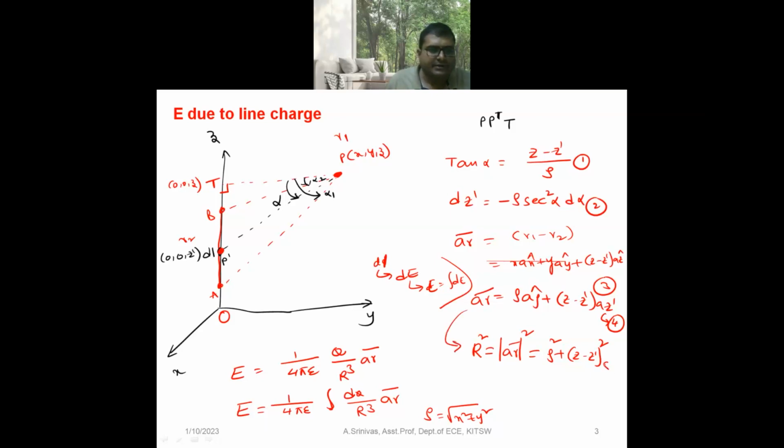Let it be equation number 5, and from 1 and 5 we can write r cube is equal to rho cube secant cube alpha. Let it be equation number 6, and it is equation number 7. From equation number 7 we are going to start deriving the electric field due to line charge.